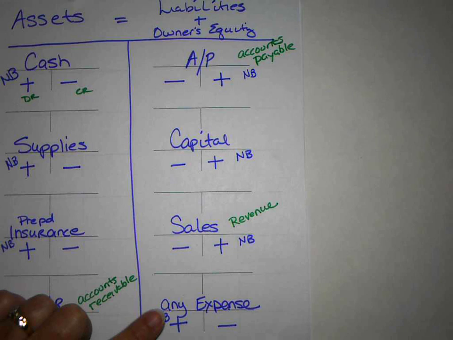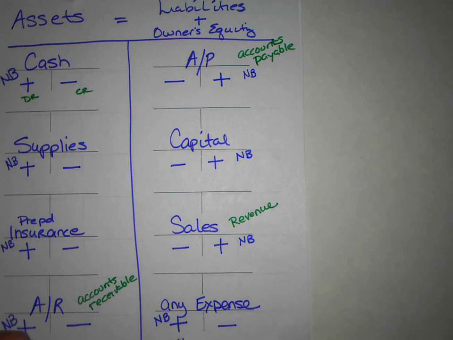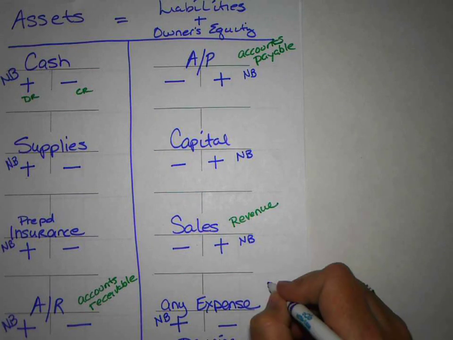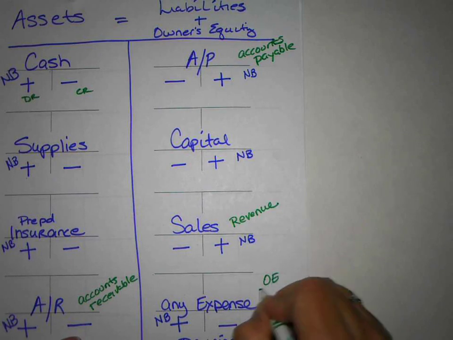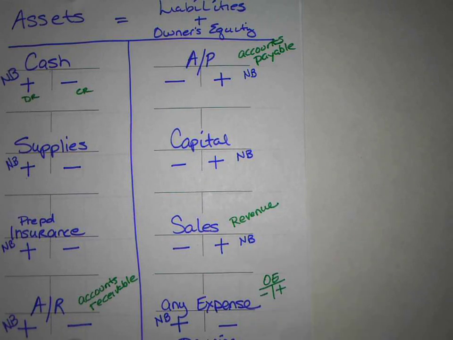Okay, because it decreases owner's equity. Okay, owner's drawing. This is when the owner takes cash out of the business, is also going to decrease owner's equity, and so it's also going to have that opposite plus and minus, the opposite normal balance. Okay, so owner's equity is a plus minus.